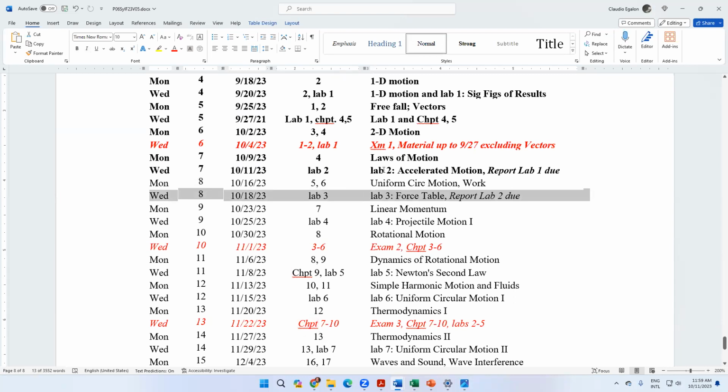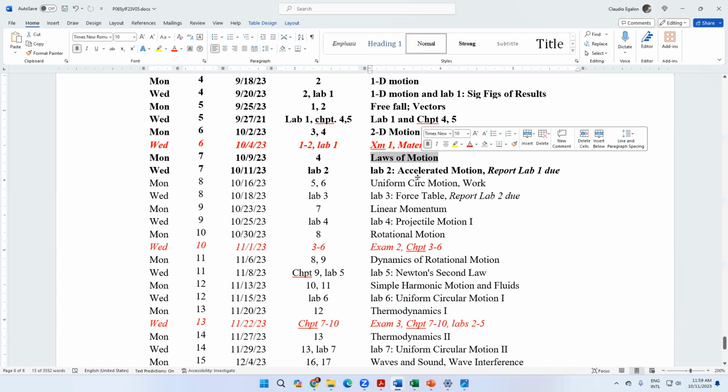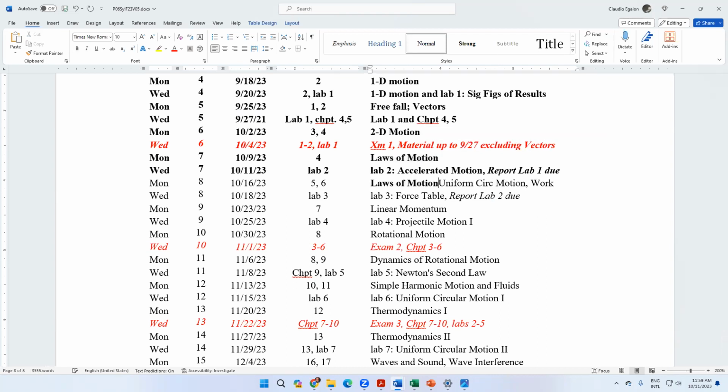We couldn't finish laws of motion, right? So we're still going to look at laws of motion next time. I'll have to keep on updating this. We're not going to be able to cover all those 5 chapters, so I'll have to move work to the following week, like linear momentum.